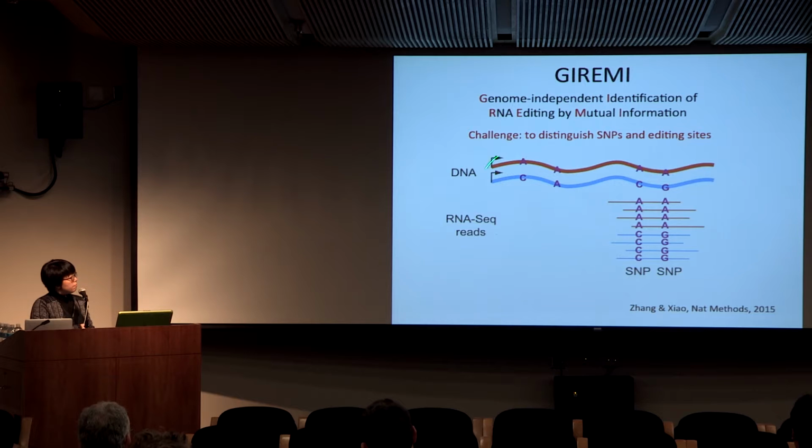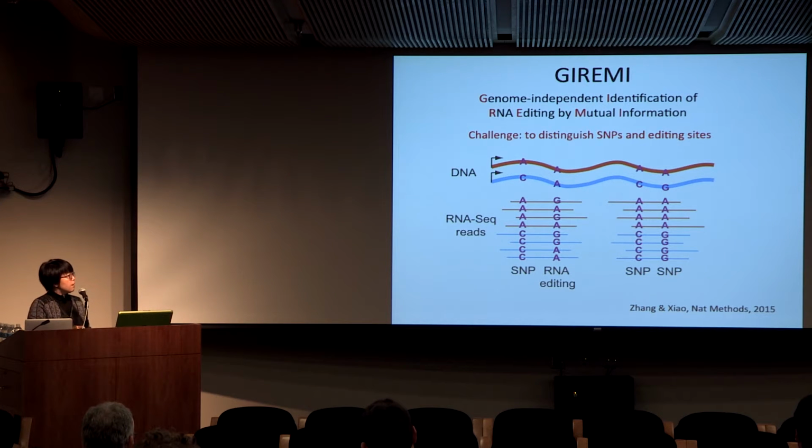If we have 2 copies of DNA in mammalian cells, and then we have reads that cover 2 SNPs, you can see that if the 2 SNPs are both heterozygous, then in the RNA, you maintain the haplotype that was encoded in the DNA. So AA always linked to AA and CG linked to CG.